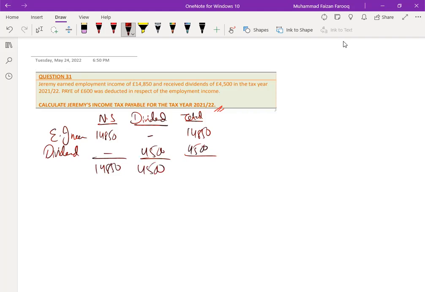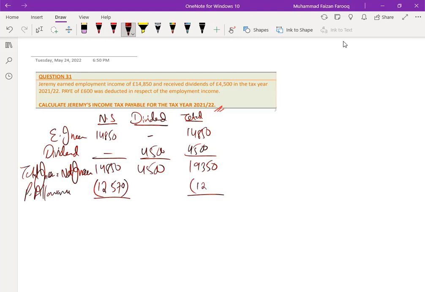The total will be this, my total income as well as net income. Why? Because there are no qualifying interests available. We know after getting net income, we have to deduct personal allowance, which is fixed at 12,570. It can be reduced, but in this question, it will not reduce.